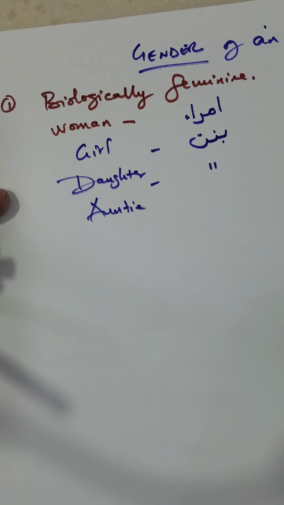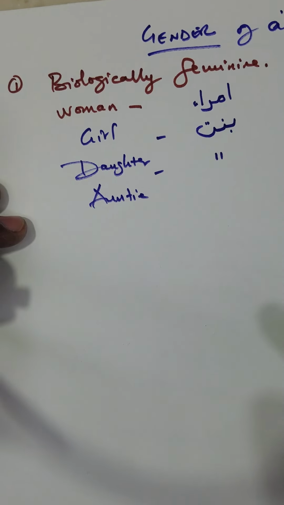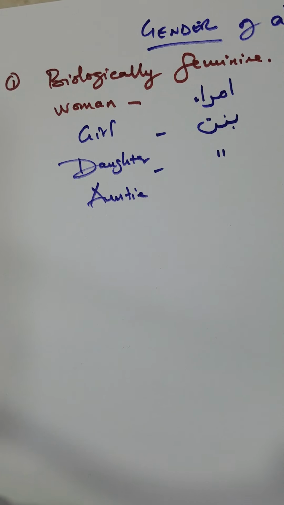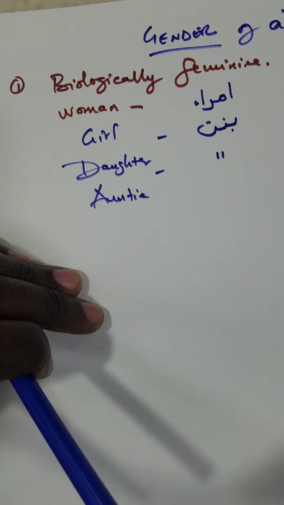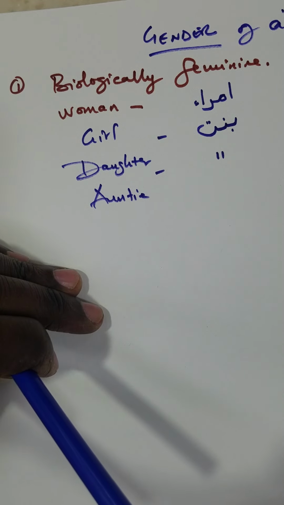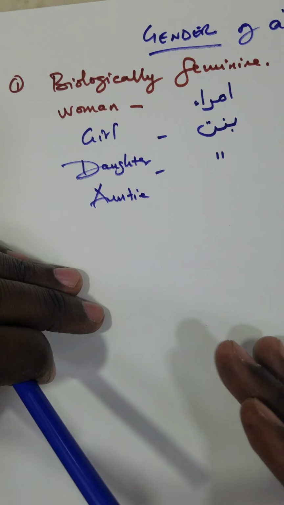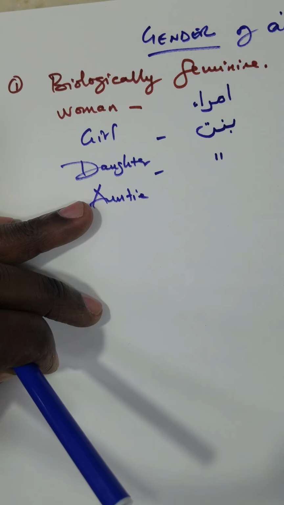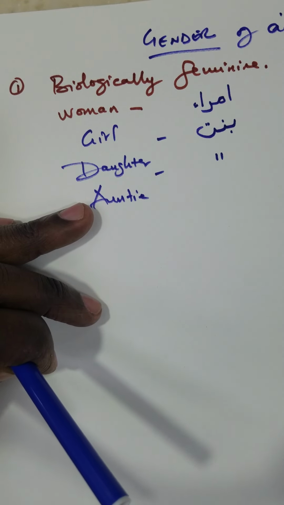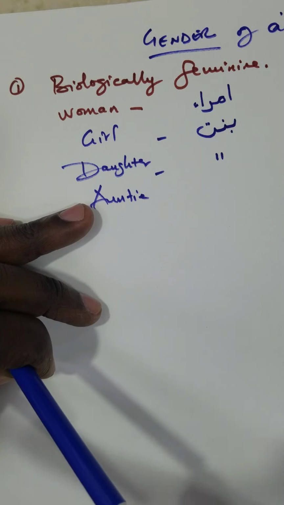Okay. Now look at this. When you are talking of the word girl, in your common sense, you know that this word girl is by common sense feminine. Talking about daughter, you cannot ask whether this word is masculine or feminine, because biologically you're talking about something which is feminine.